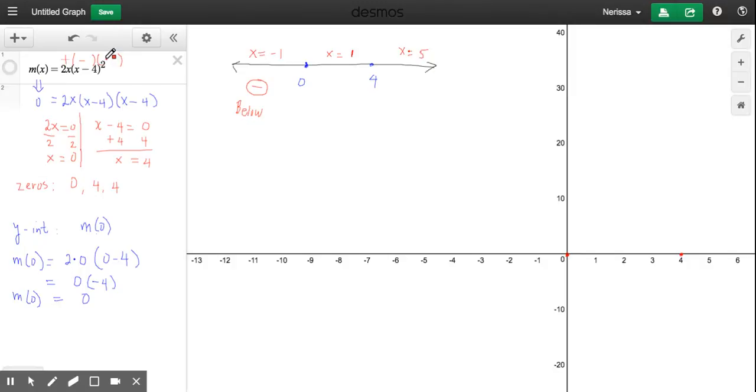And this is another negative because we're just squaring. So positive times negative is negative times negative is positive. So here in this interval from 0 to 4, m of x is positive. And therefore, m of x is above the x-axis.